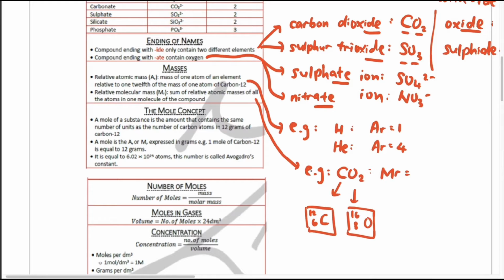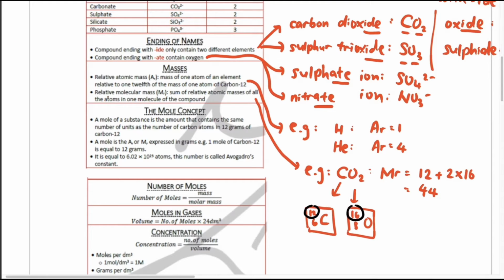The relative atomic mass is the number which is greater in value, so the 12 and the 16. Now you want to find out the relative molecular mass. 1 carbon is 12, 2 oxygen is 2 times 16. Then you get 44. So the relative molecular mass for carbon dioxide is hence 44.